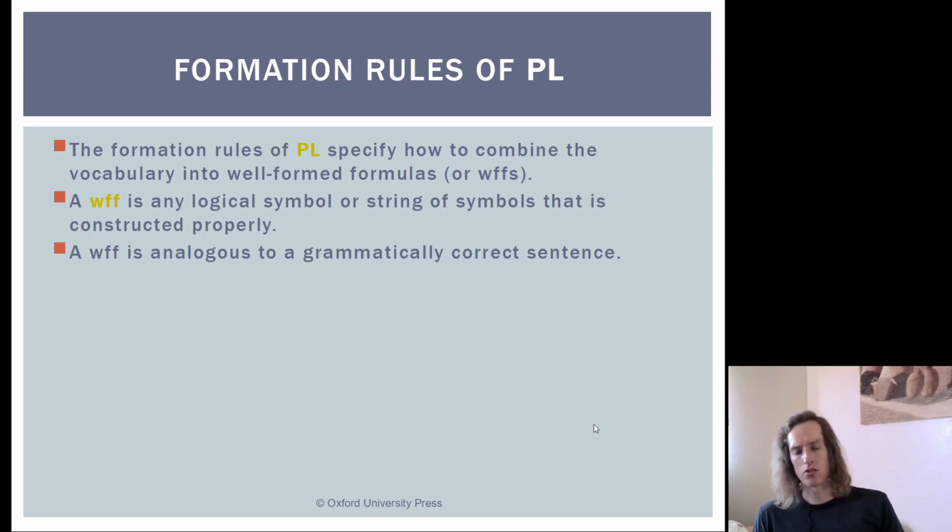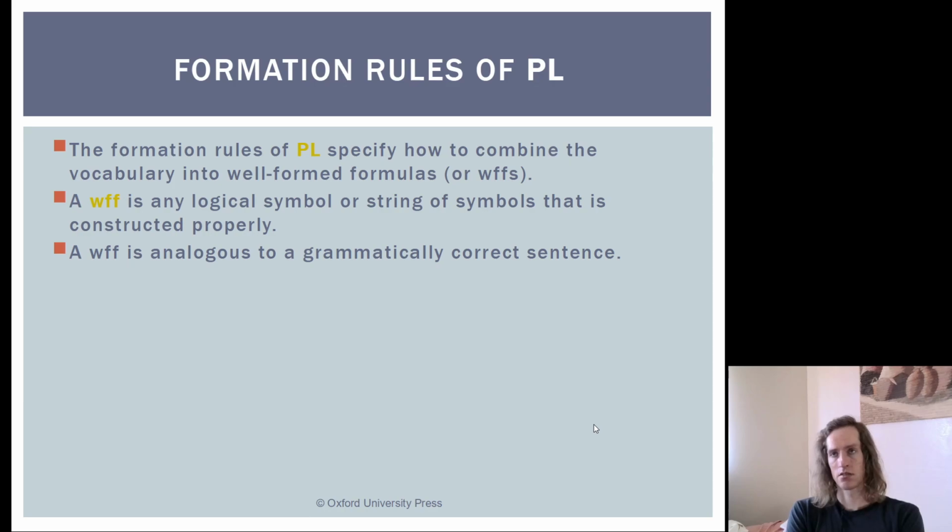All right. So the next thing is going to be the formation rules for propositional logic. This will be in order to build what we call well-formed formulas. So a well-formed formula is any logical symbol or string of symbols that is constructed properly. A well-formed formula is analogous to a grammatically correct sentence.